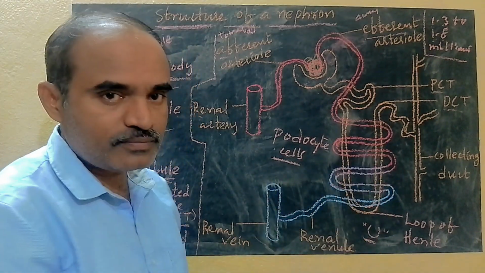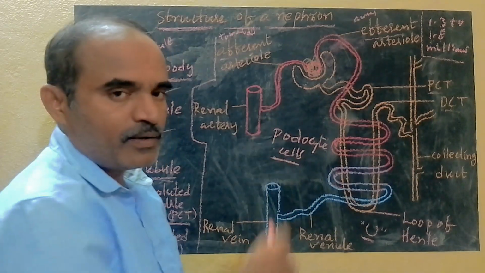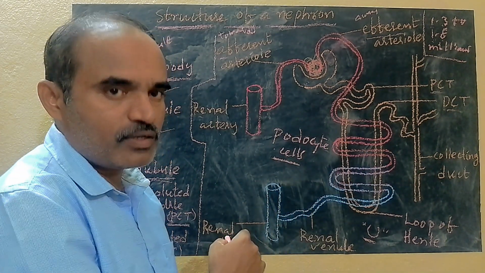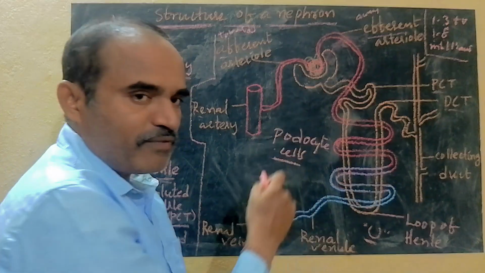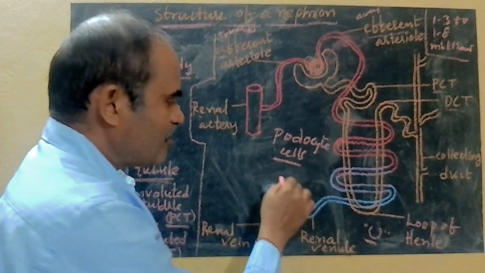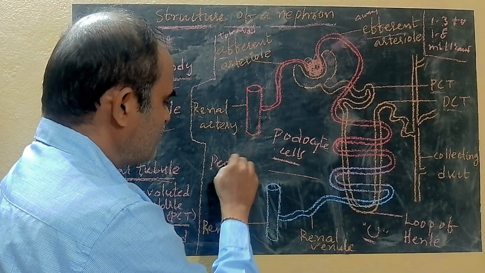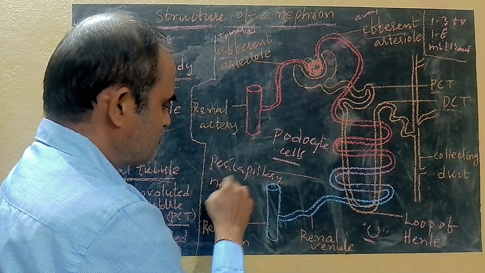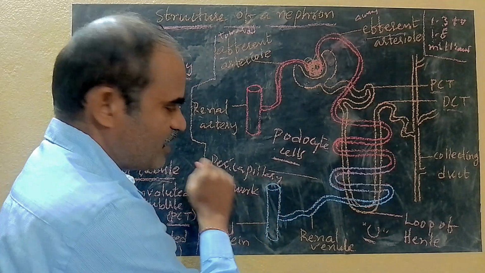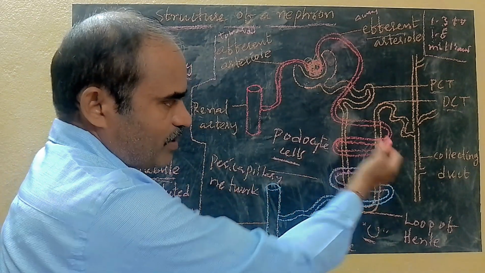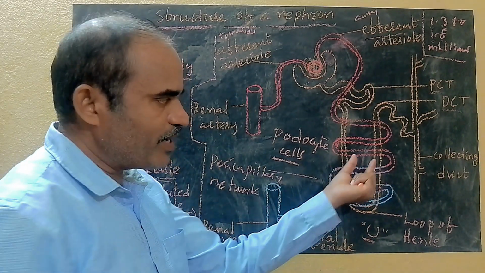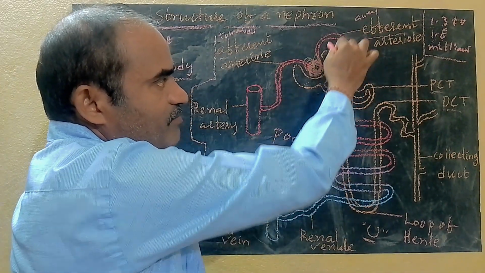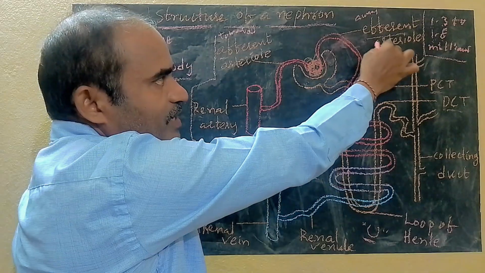Around the renal tubule, there are many very fine blood capillaries. They are called the capillary network.